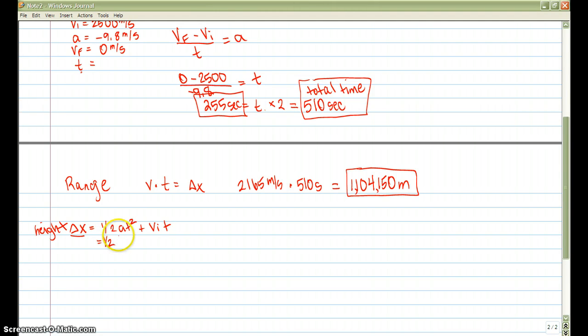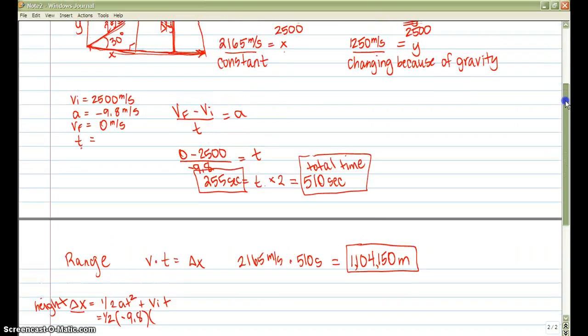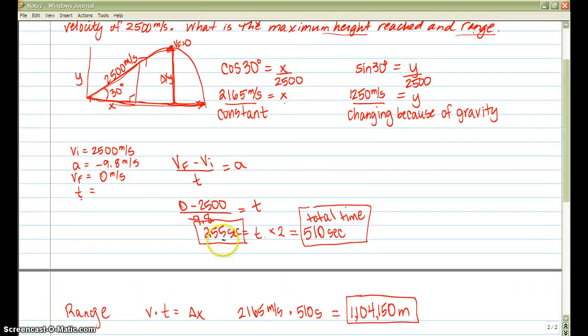1/2 times our a. In this case, our a is negative because we're going upwards. Our time: now we have two different times. We have a time of 255 seconds to reach the peak, and we have a total time of 510 seconds to go up and come back down.